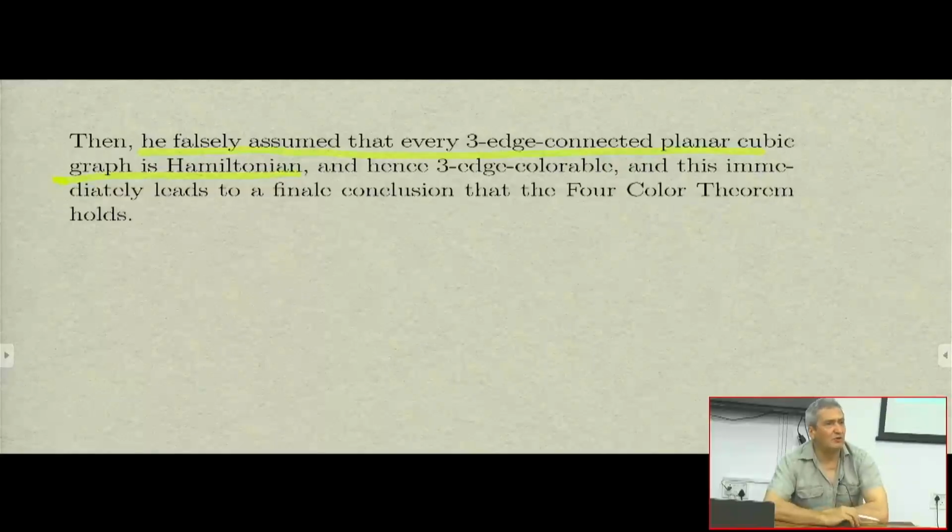And if the cubic graph is Hamiltonian, then it is 3-edge colorable. We had this exercise yesterday, or when we did edge colorings 2 days ago: every Hamiltonian cubic graph is 3-edge colorable, it cannot be a snark. He wrongly assumed this, believing it is true, and then he thought he had a proof of the four-color theorem.